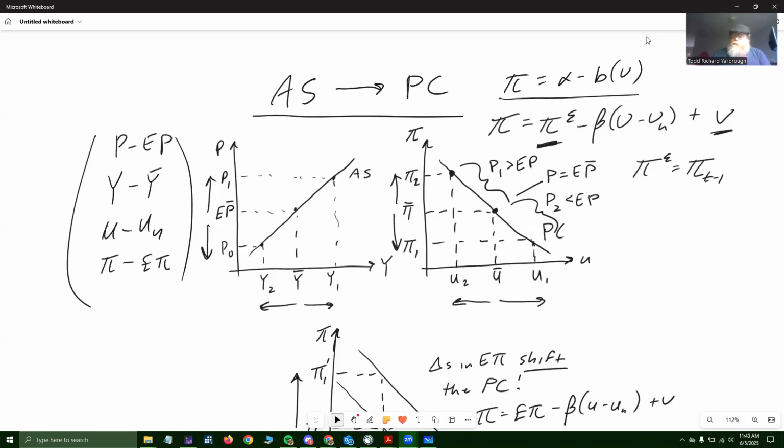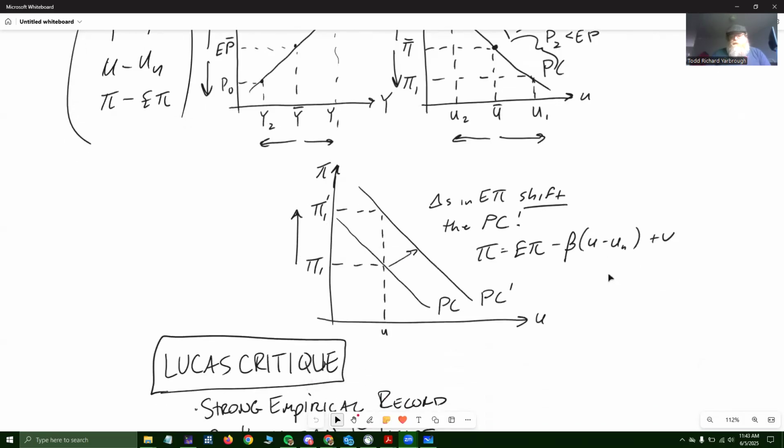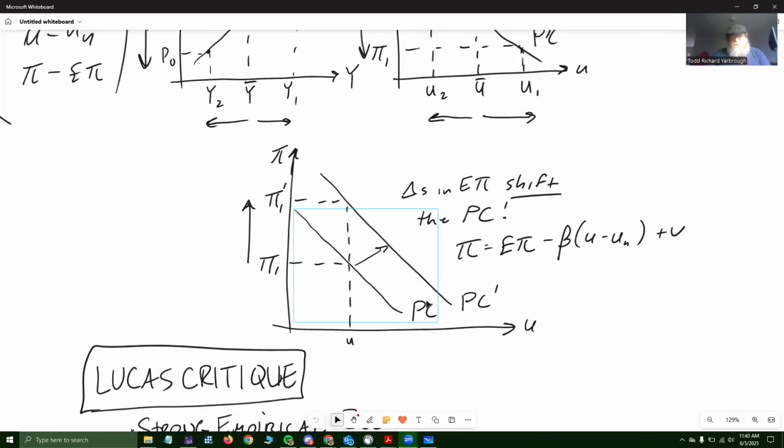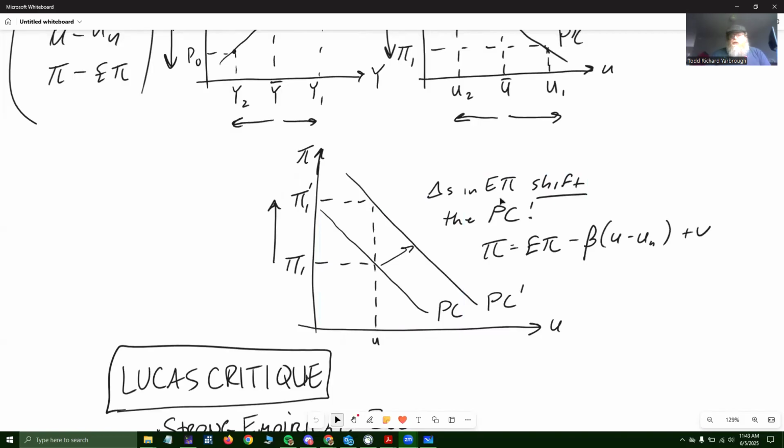And what's important about the expectations part is that it can potentially cause a shift of the Phillips curve. Changes in expected inflation, if you expect higher inflation, this in fact shifts the Phillips curve up. Now, this is of course important because what that would mean is that, for the same level of unemployment, we would actually get higher inflation.